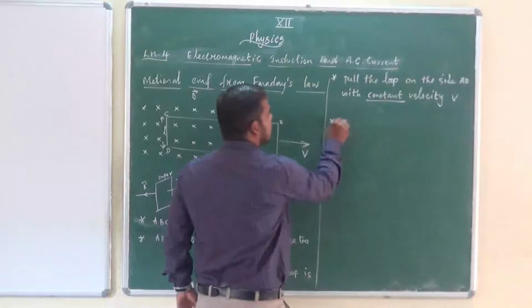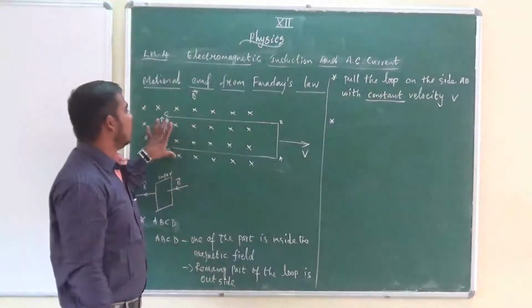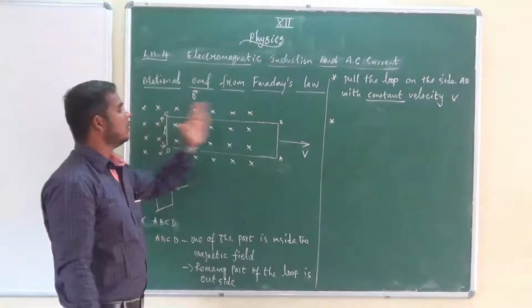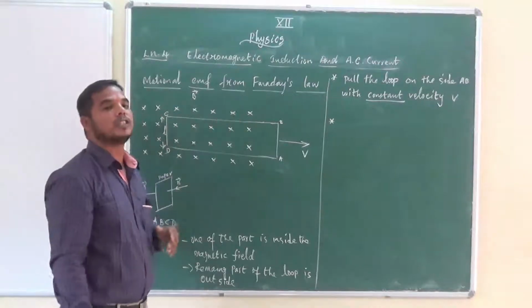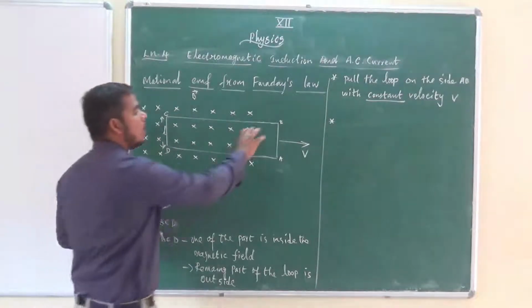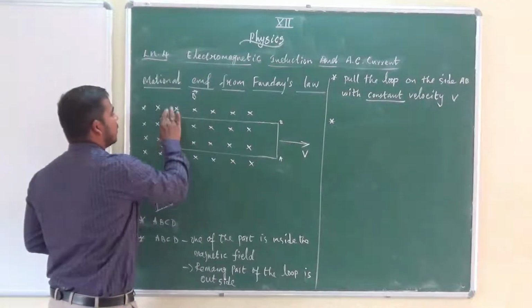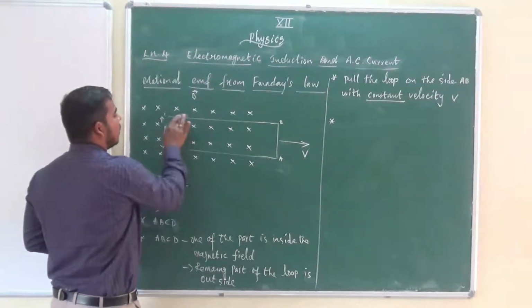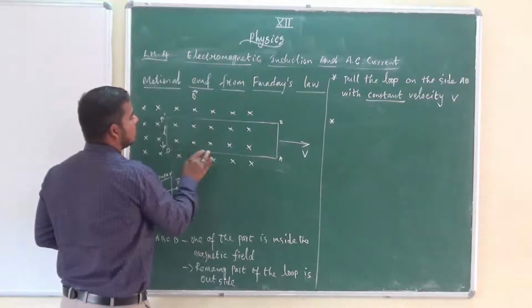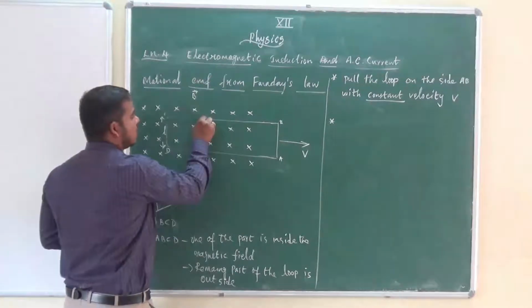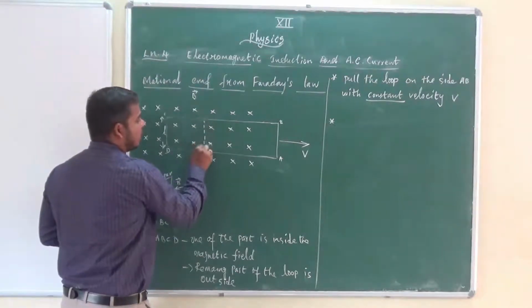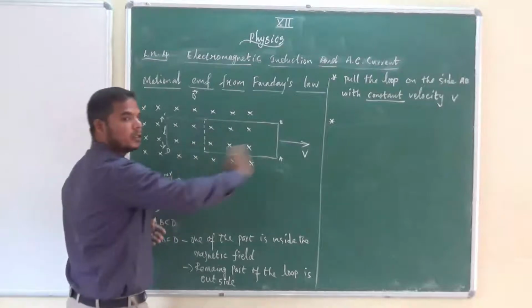What happens is the loop changes its position. That means the rectangular loop is moved when you pull it. See that, the position of the loop. Due to the pull, the loop has moved a certain distance.